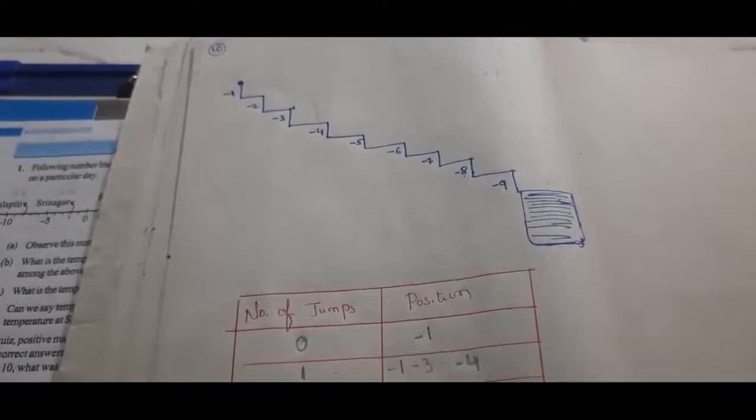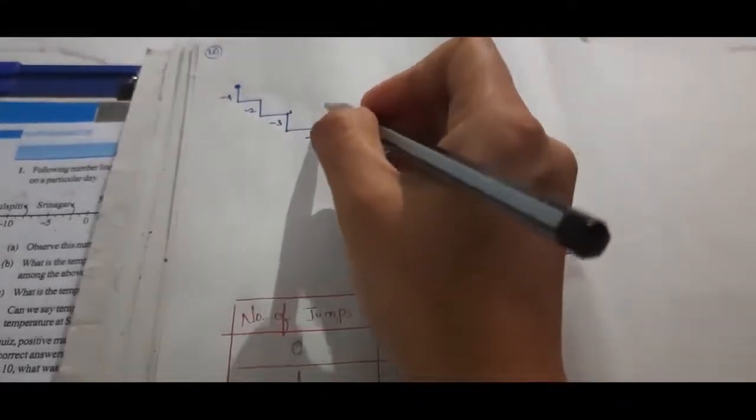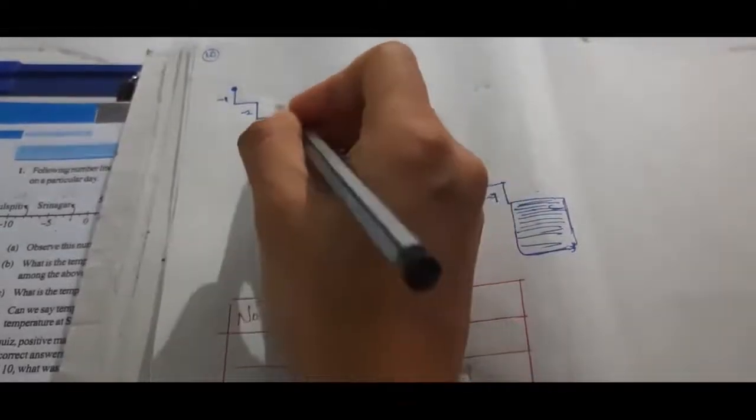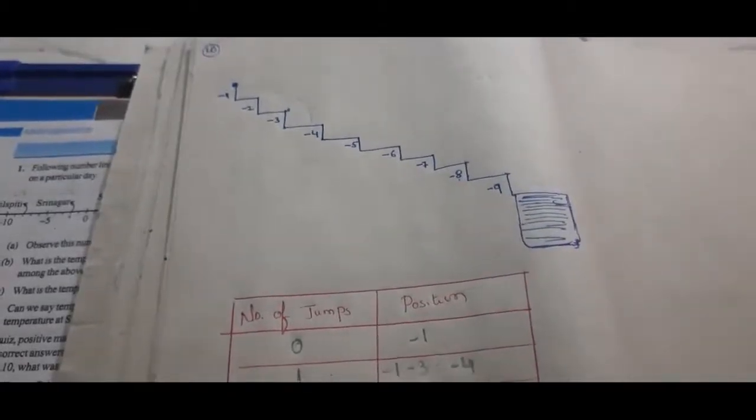When it jumps 3 steps down, it was here. Next, alternate movement: it jumps 2 steps up. Means from -4. Second jump: -4 plus 2. Why?